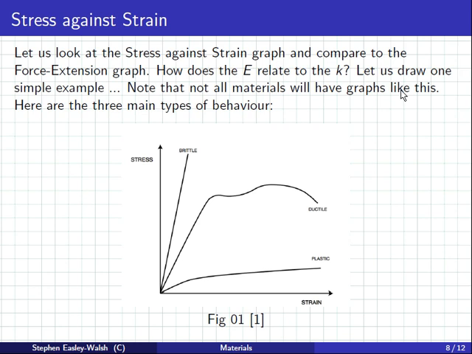So let's take some examples in the room. Brittle, ductile, plastic. Table, what would you say? Brittle or plastic? Actually, that's a hard one. Maybe I should have picked something easier. Okay, glass. Brittle. Okay.